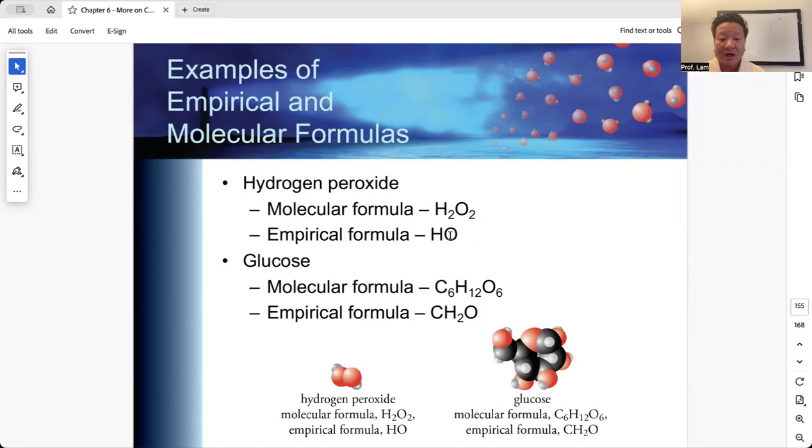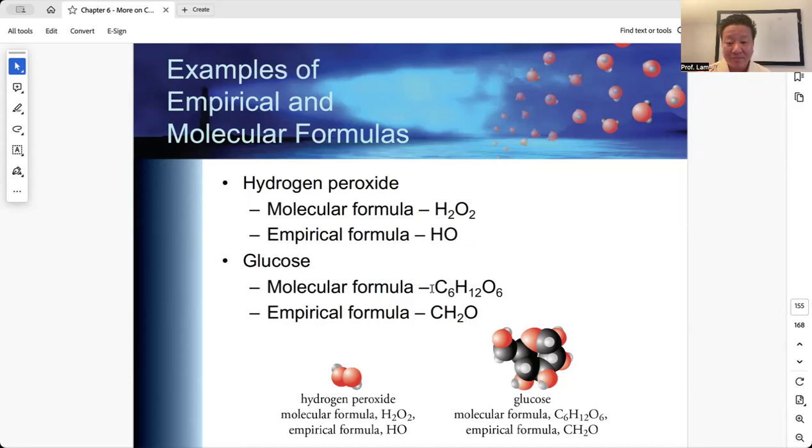Okay. Here's another example. Glucose would be C6H12O6 for the molecular formula. And if you look at those numbers, 6, 12, and 6, and think about how to reduce those down to the smallest whole numbers, you'd find that the common factor that you could divide by is 6, right?